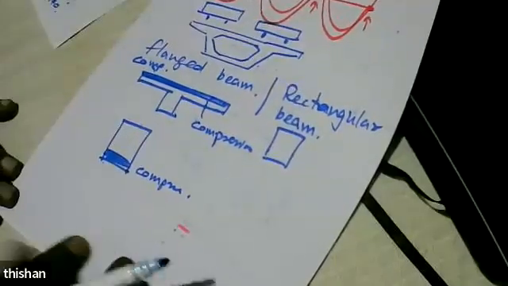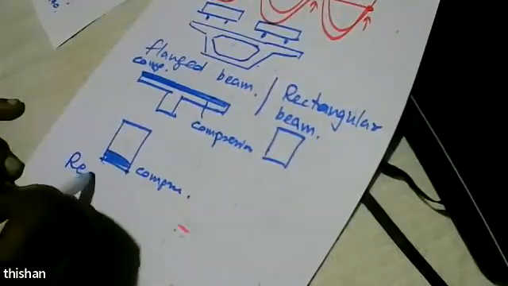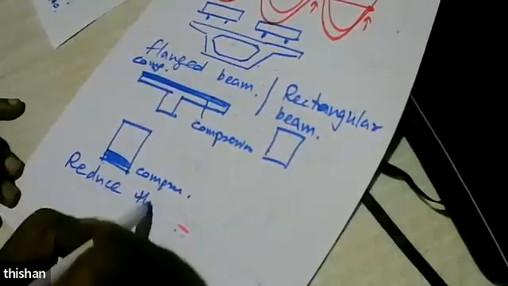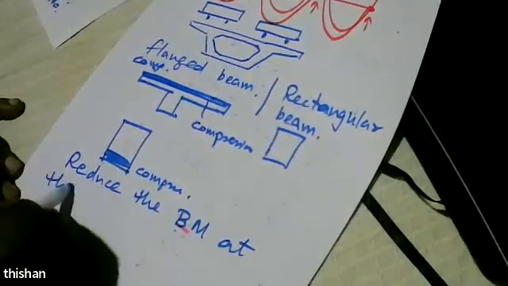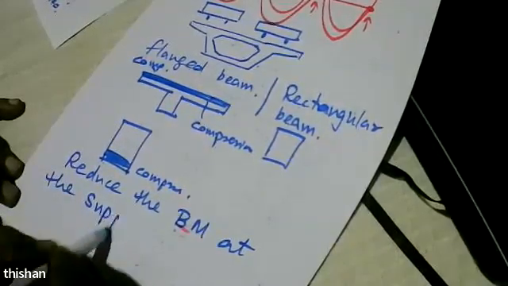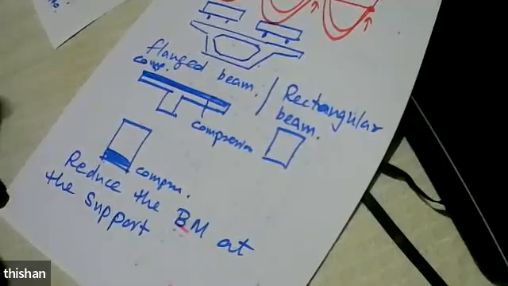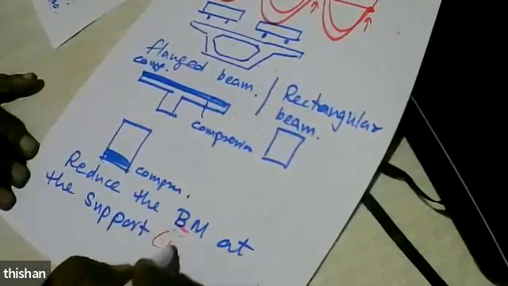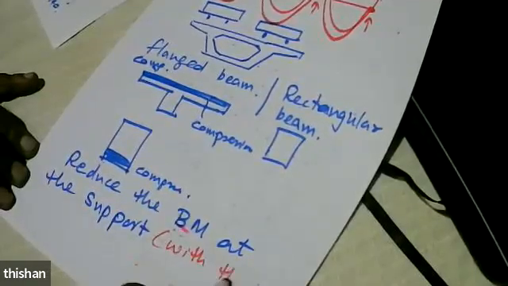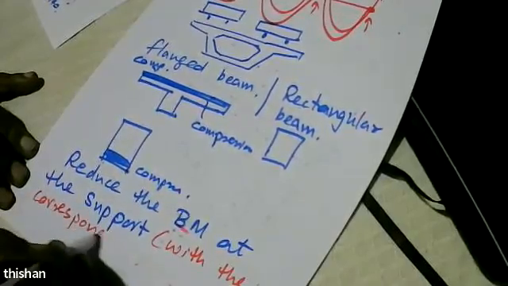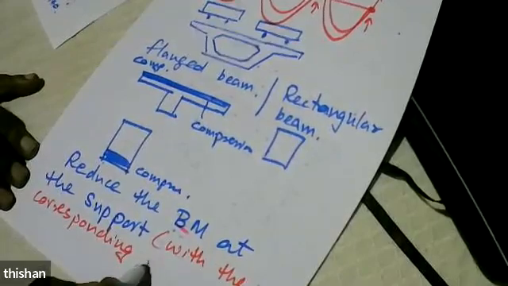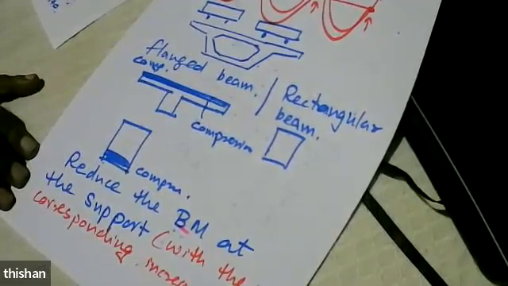So what is good there? If we can reduce the bending moment at the support, and within brackets I'll say with the corresponding increase in span.